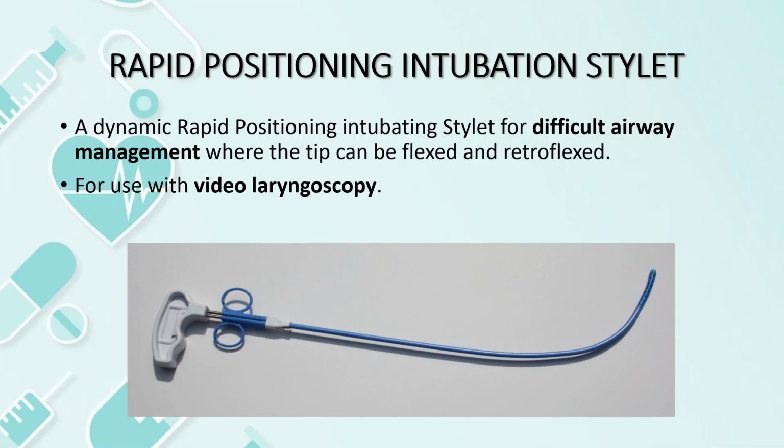The rapid positioning intubation stylet is another form of stylet that has a mobile tip. We can adjust the angle of this tip by pulling on the handle. We can use this kind of stylet in difficult airway management, and also in video laryngoscopy.